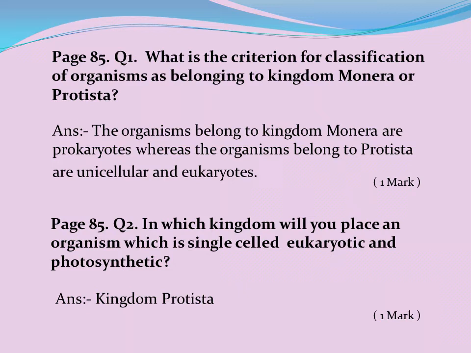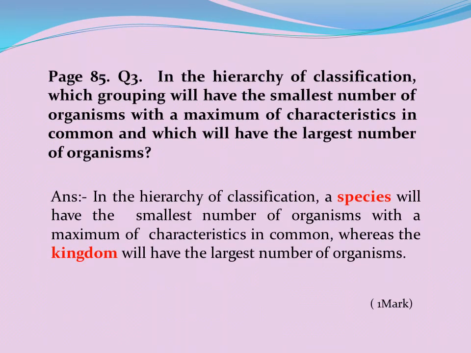Page number 85. Question number 2. In which kingdom will you place an organism which is single-celled, eukaryotic and photosynthetic? Answer. Kingdom Protista. Page number 85. Question number 3.